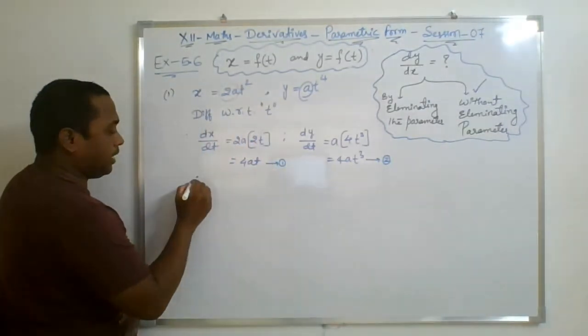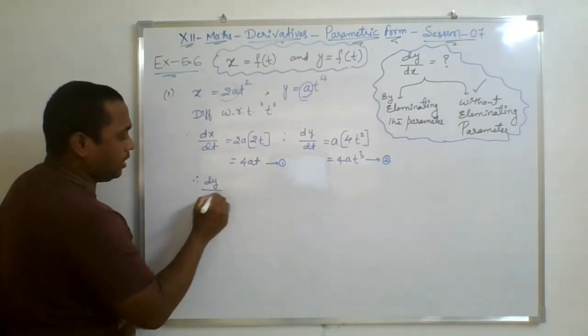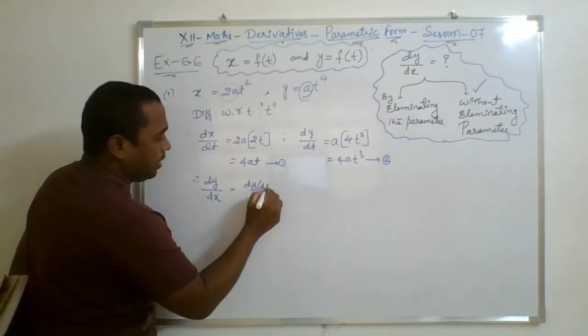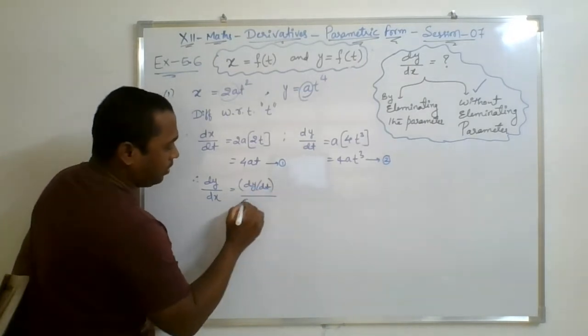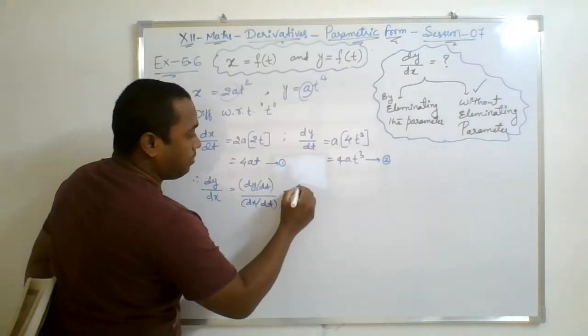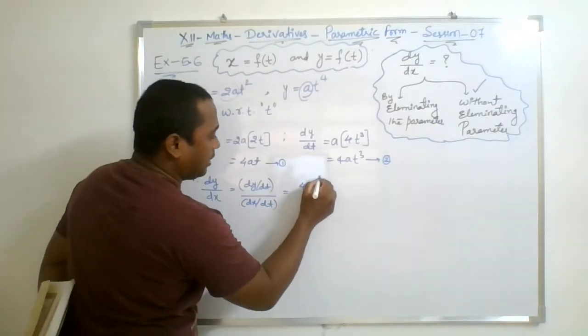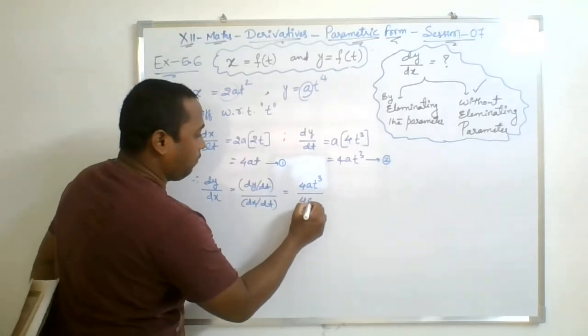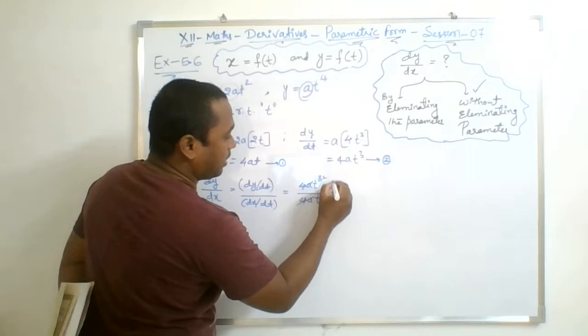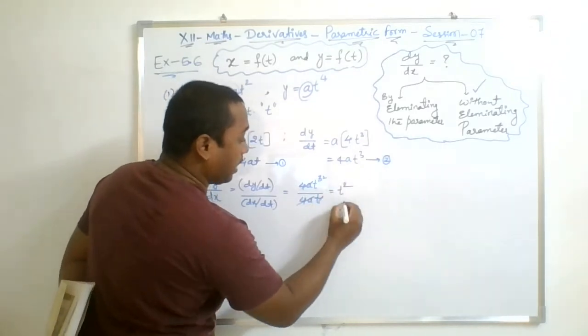Now to get dy by dx, simply we can divide the dy by dt answer by the dx by dt answer. So dy by dt means 4at cube by 4at. So 4a gets cancelled, 1t gets cancelled, you are left with t square.